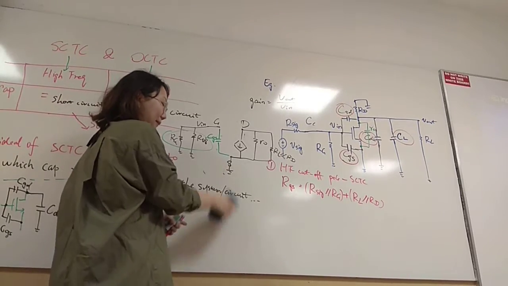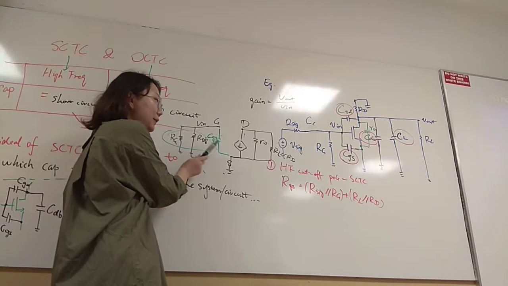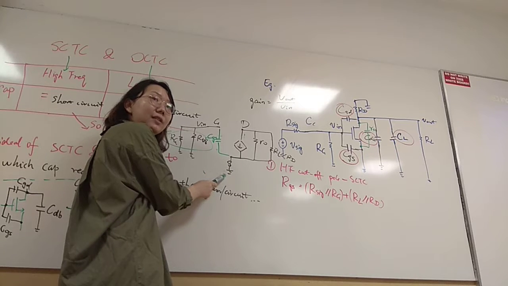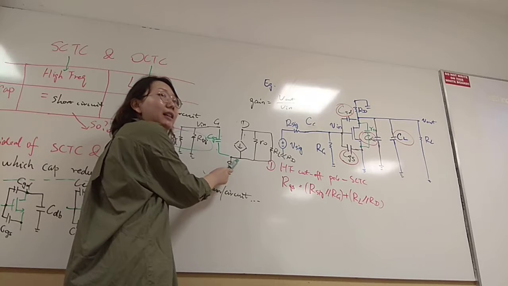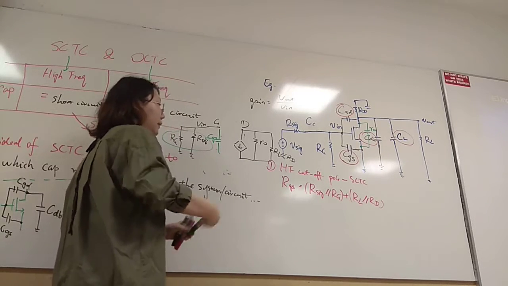If you draw your circuit this way, because these two terminals are both connected to the ground, it looks like these two parts are actually connecting together. But actually it is not, because I can just separate them and draw a separate ground for each.